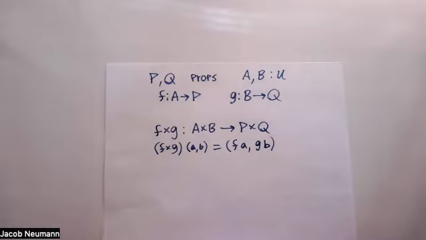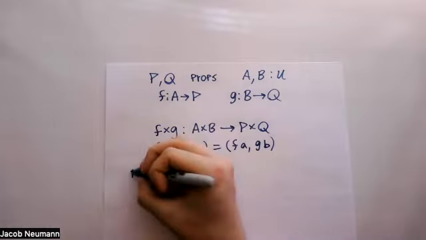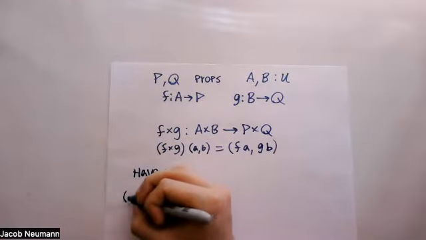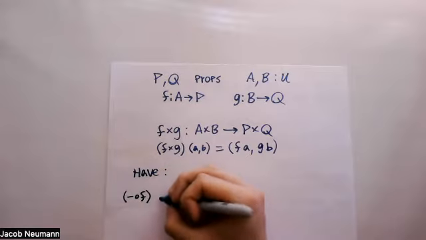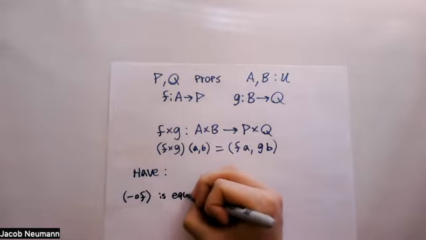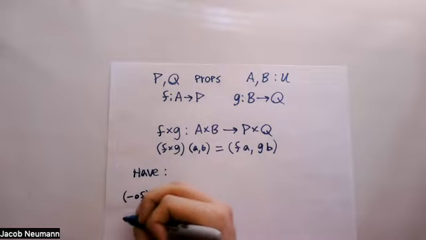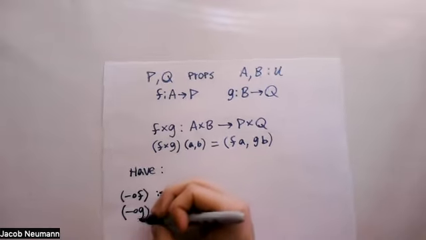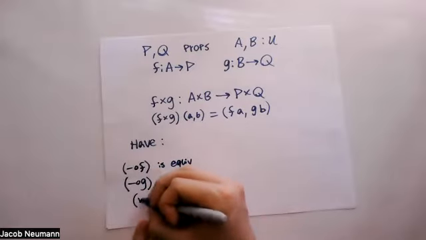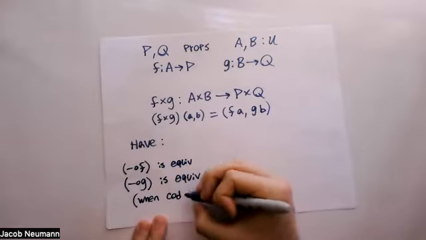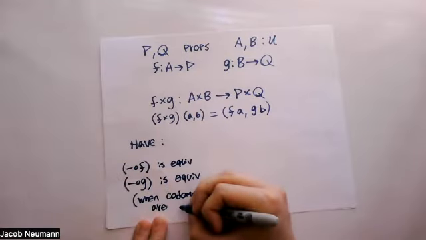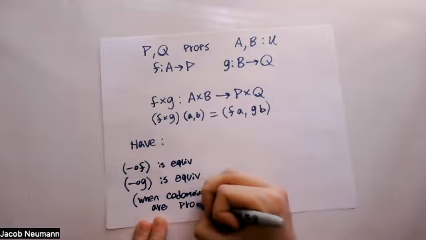Okay, so basically we have that precomposition by F is an equivalence, and precomposition by G is an equivalence, when the codomains are propositions.